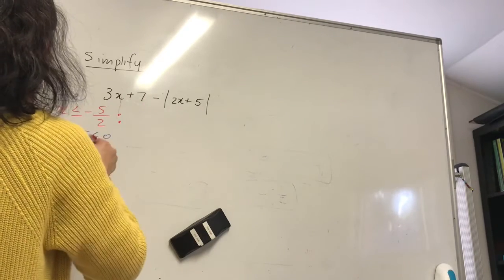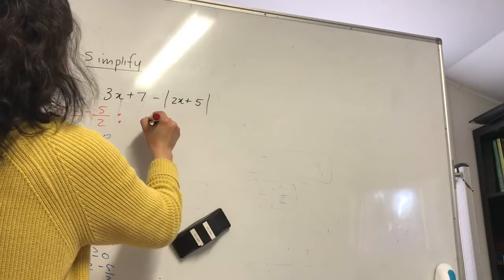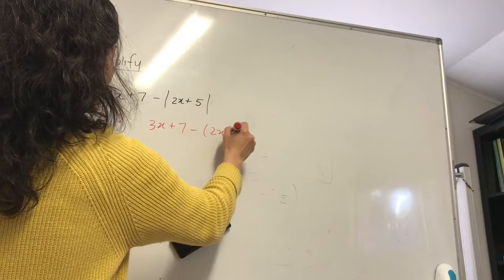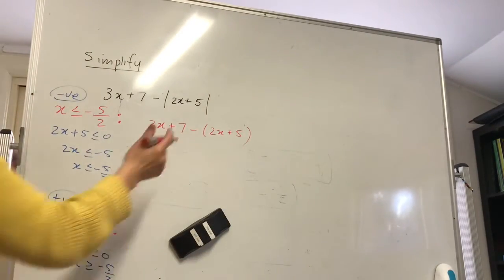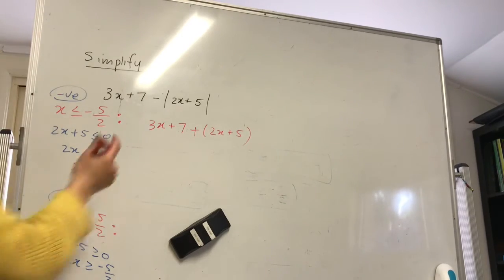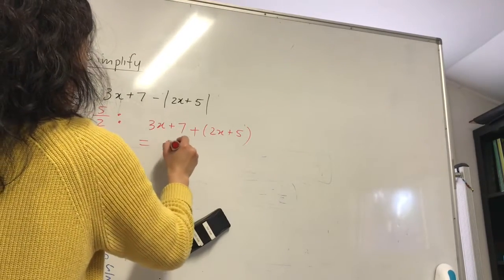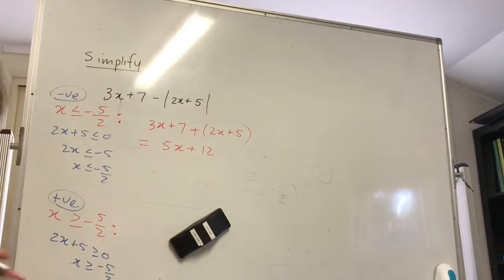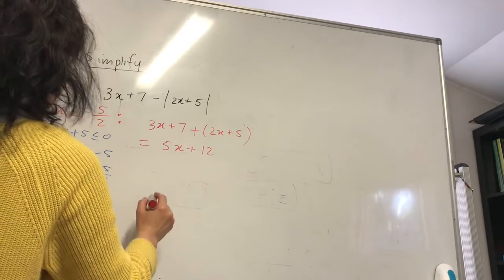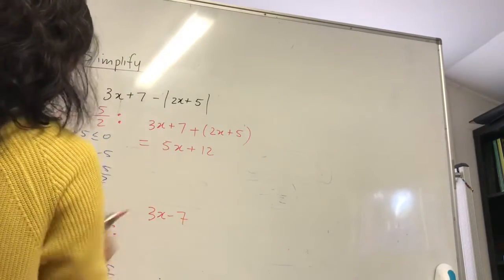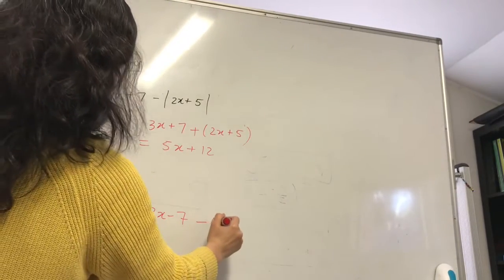So this will give us 3x plus 7 minus, it'll be negative, negative, so it's going to be positive. So what's going to be 5x plus 12? Is that right? Are you guys okay with me on that? And then this one is positive, so I'm not changing anything.